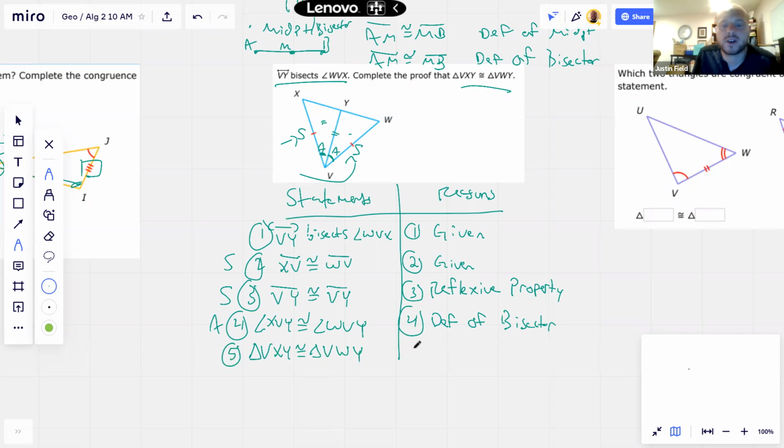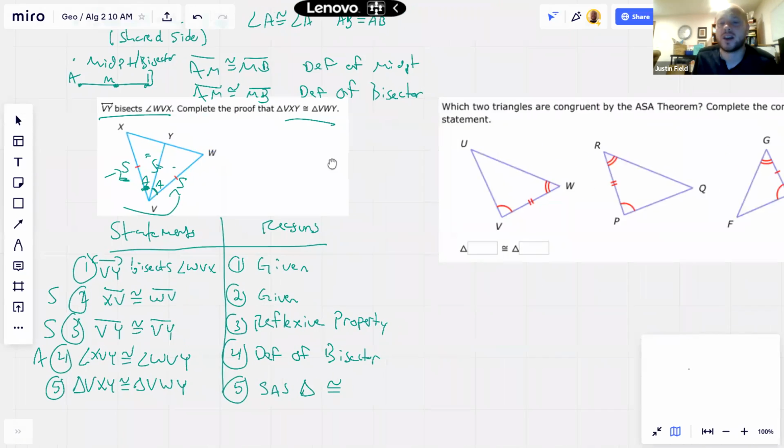And the reason is side, angle, side. So we say side, angle, side, triangle congruence. Wow. All right, so you got a whole IXL assignment to have some fun with and get the hang of this.